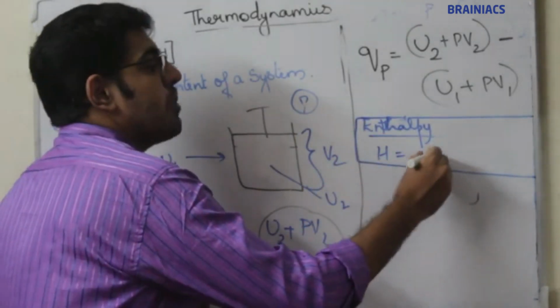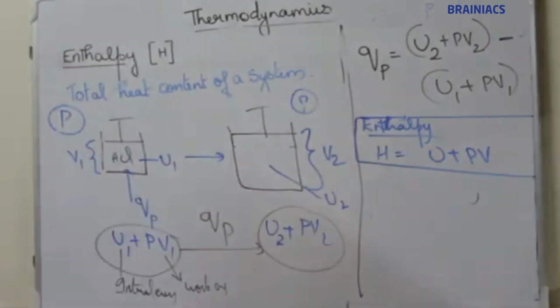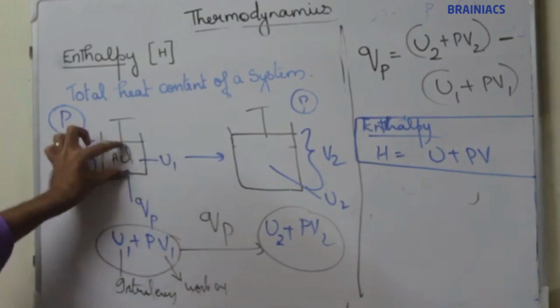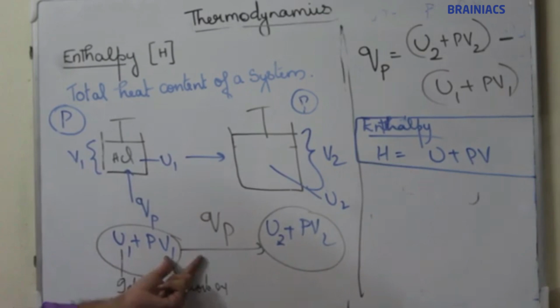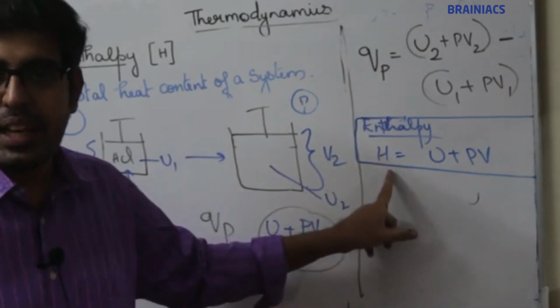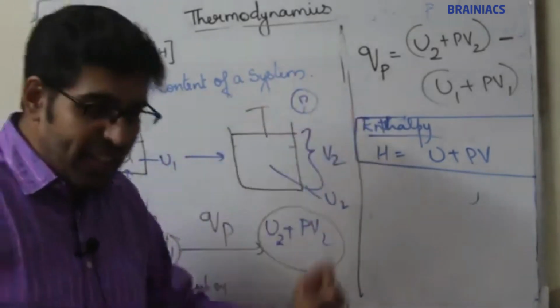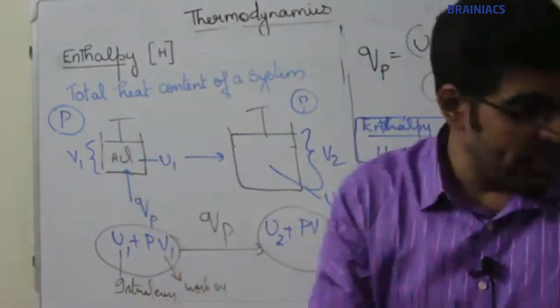It is the sum of internal energy and pressure volume energy. Sum of internal energy and pressure volume energy is known as enthalpy. It is defined like this, total heat content of the system. But actually, it is the sum of internal energy and pressure volume energy of the system.